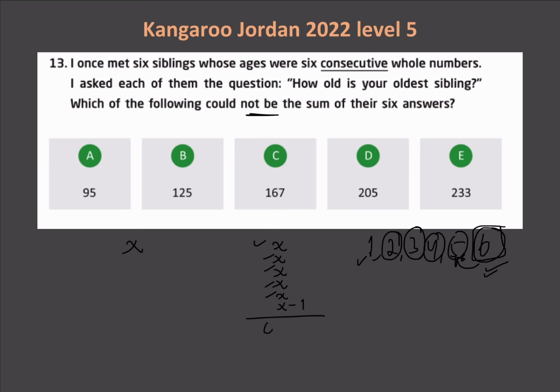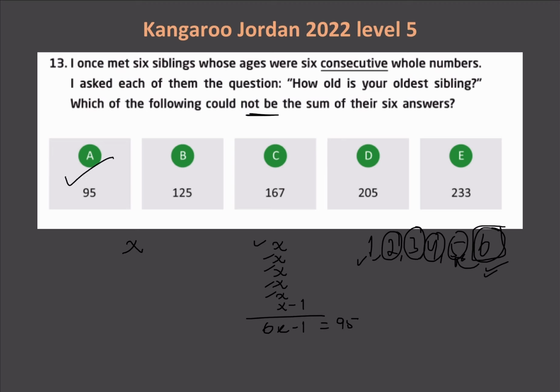So for sure you have here 6X minus 1, and I would like to see which answer should match between the given choices. If the answer is 95, it's easy to see that 95 plus 1 is 96, and if you divide by 6, it is for sure divisible by 6. So this could be.